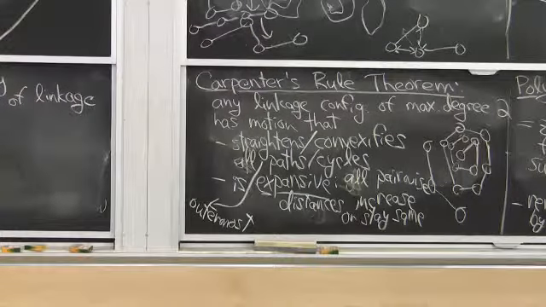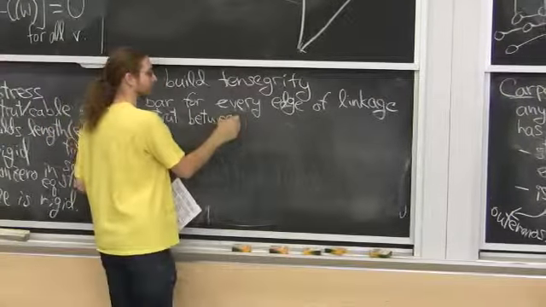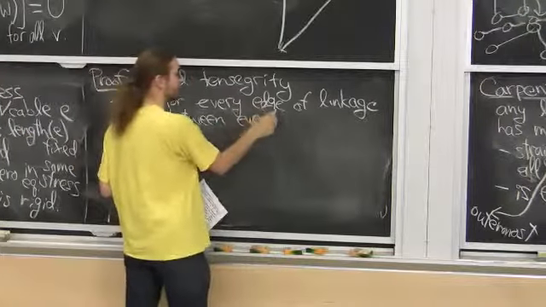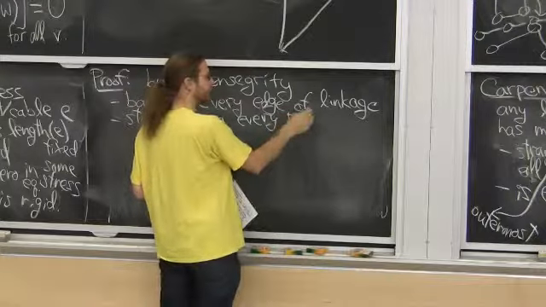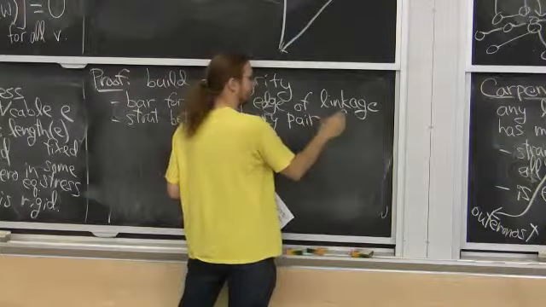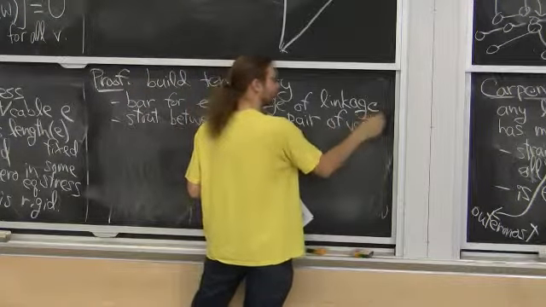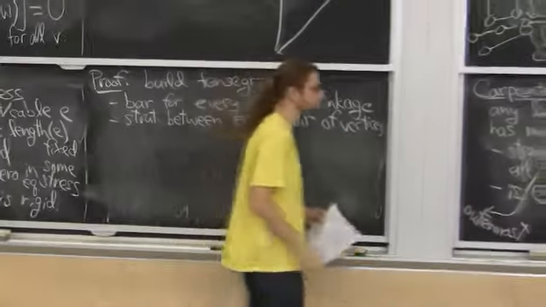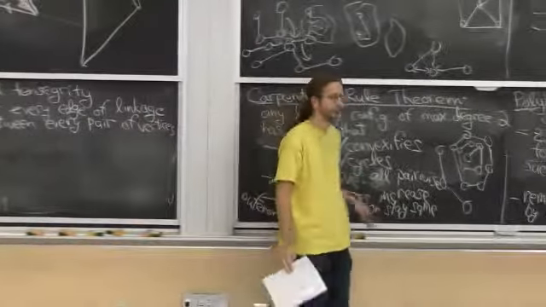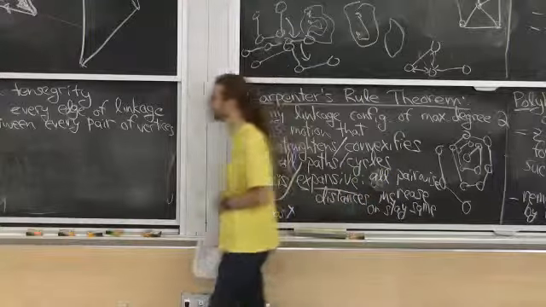It's also going to have a strut between every other pair of vertices. Heck, every pair of vertices. It's kind of redundant for the bars, but every pair of vertices. That says that all pairwise distances must increase or stay the same. So this is a tensegrity.